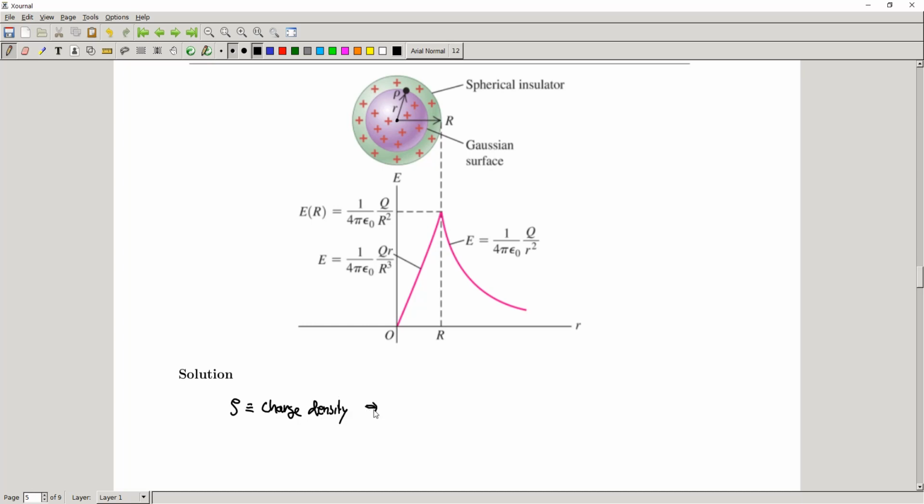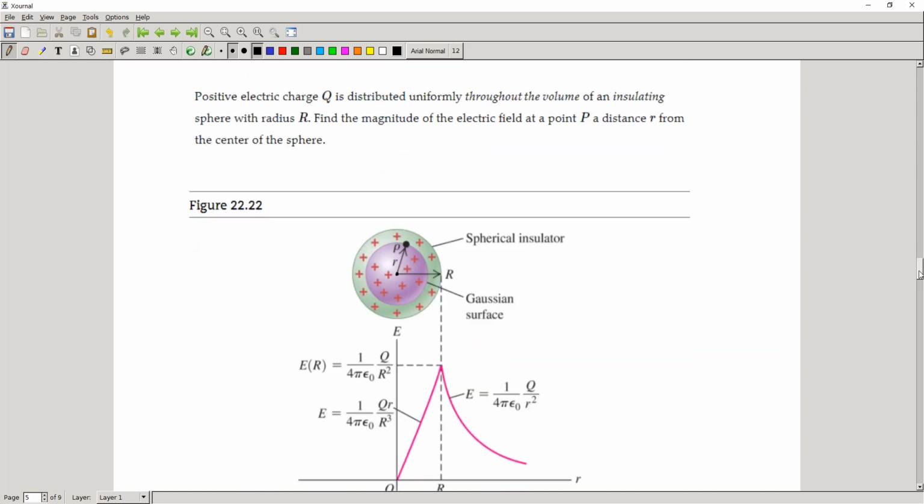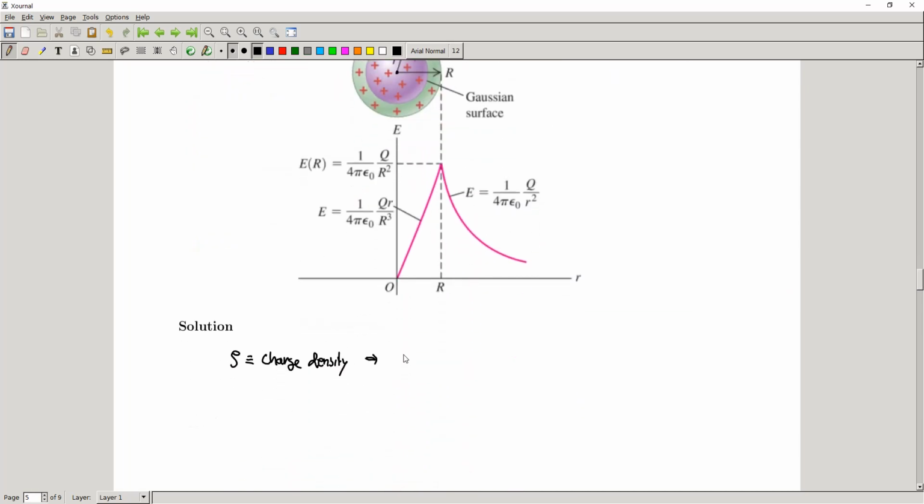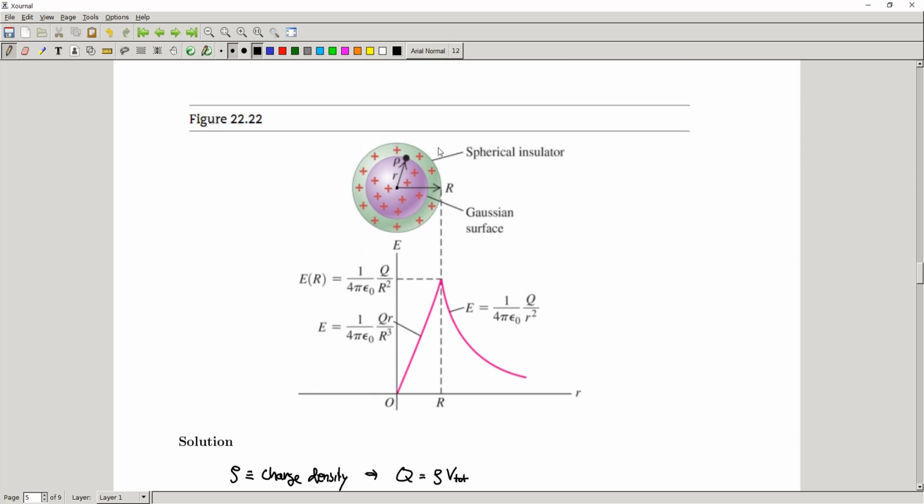This is our charge density, and so how do we relate our charge density to the charge? Well, we call the charge on the whole sphere capital Q, so we know that capital Q is going to be equal to rho times the total volume. So I'm going to call this volume total. So volume total is the volume of the full spherical insulator.